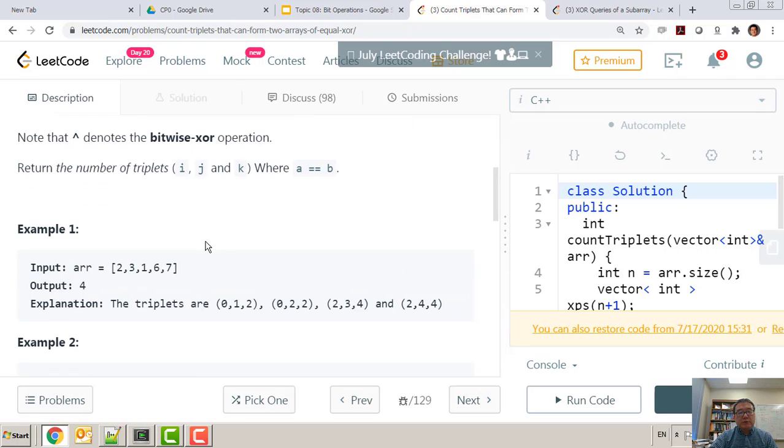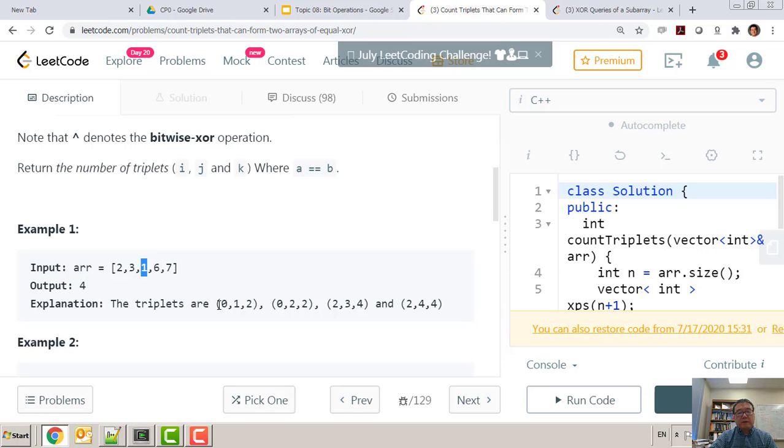So for example, given this input, there are 4 triples. The first is 0, 1, 2. That means the first 3, because if we have 2 by itself, and then 3 and 1 XOR together give us 2, so that equals 2. And also, if we have 2 and 3 XOR together, that gives us 1, and that equals this 1.